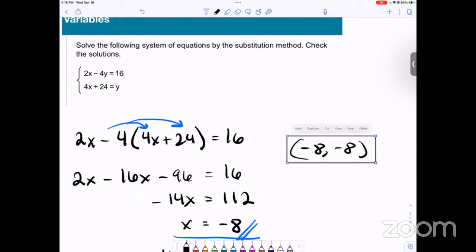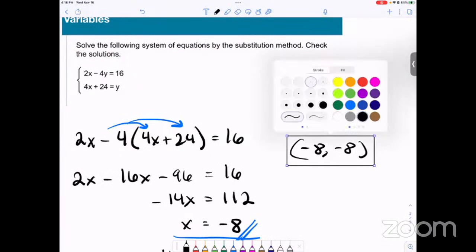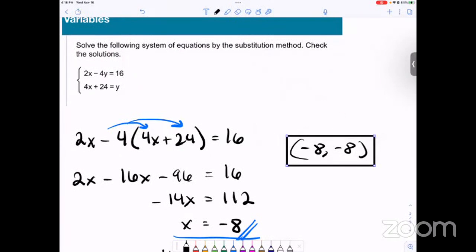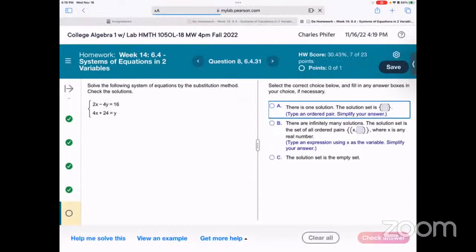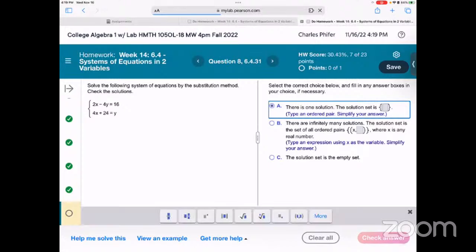Okay. Now we could check, if you plug it in. I'm just going to submit it in Pearson just for the sake of time, though. So we got one solution, parentheses, -8, -8.